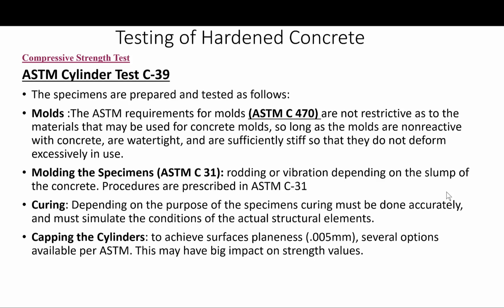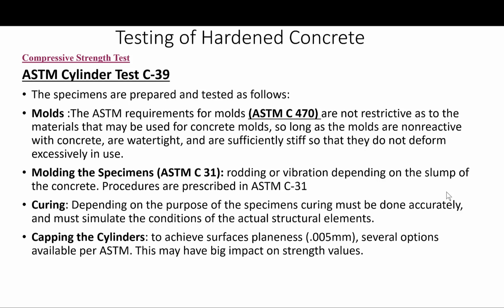So remember that. For lower slump concrete, rodding will not do it. Okay? And again, do not use vibration with wet or high slump mixes, as this will cause segregation.